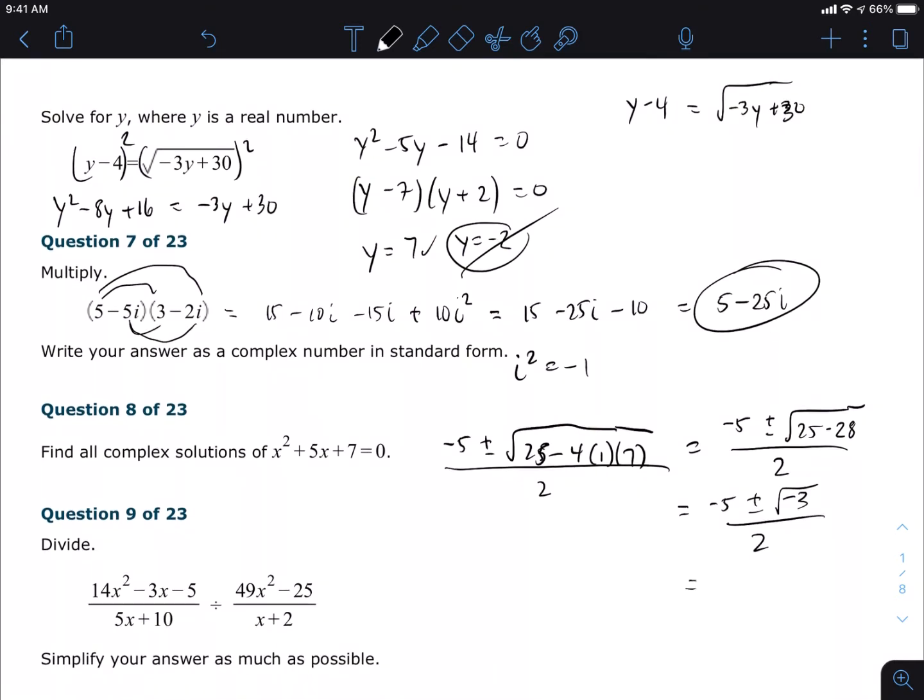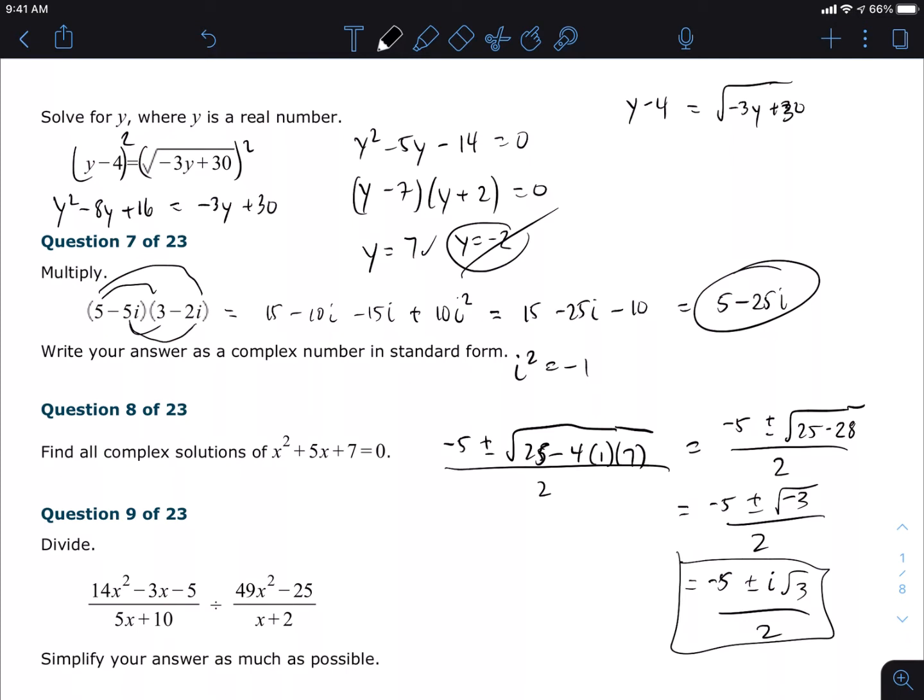So that's going to give me negative 5 plus or minus i root 3 over 2. And that is your solution. Remembering that the root of negative 1 is i. This is not cute. So that should be a negative 5. And this is your solution to this problem.